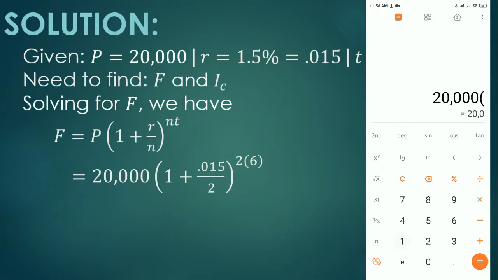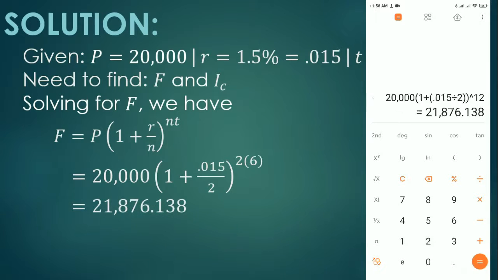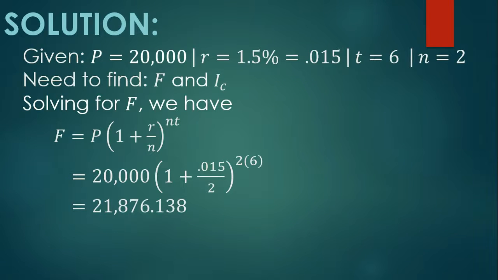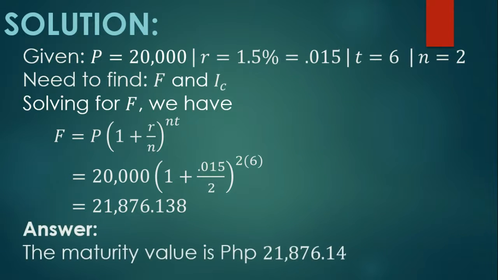So, calculating this in any calculator available, 20,000 multiplied by 1 plus 0.015 divided by 2 raised to 2 times 6, it will give us 21,876.138. So, therefore, our maturity value is 21,876.14.